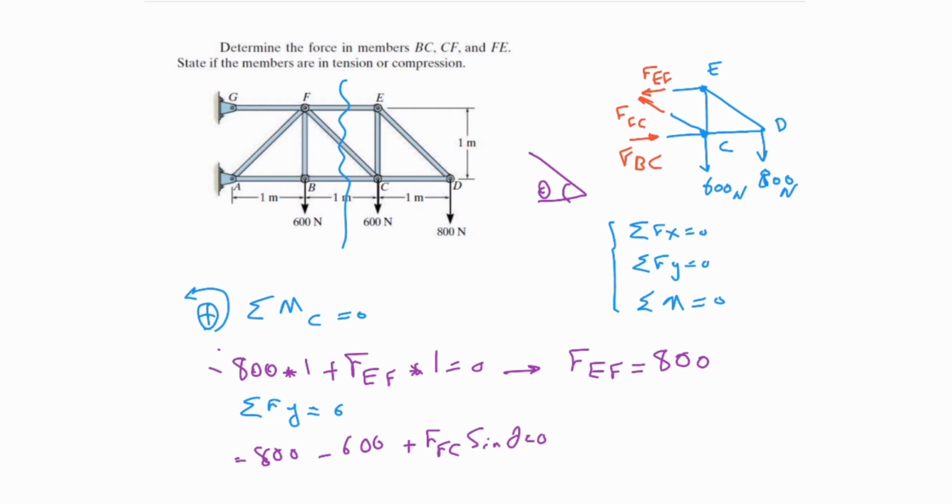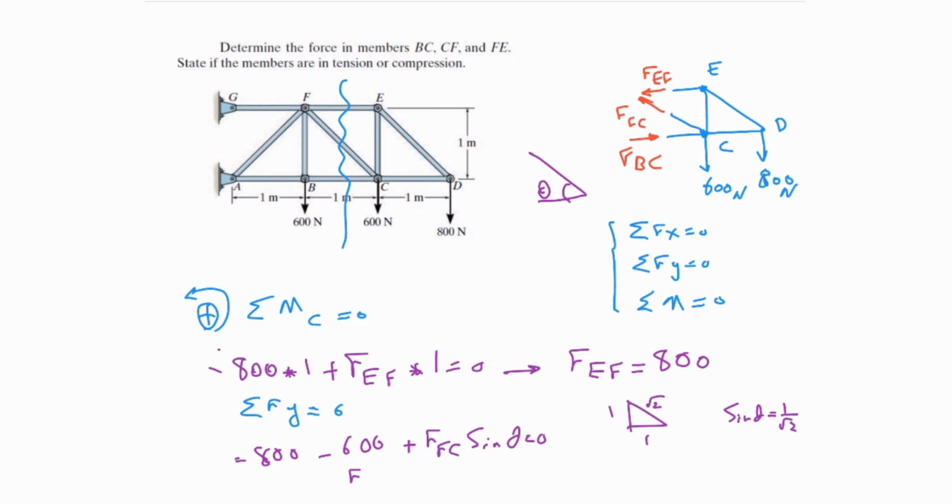That would be sine of theta equal to 0. And we know sine of theta, actually we have a triangle like this. This is 1, this is 1, this would be a square root of 2, and sine of theta in this case is 1 over a square root of 2.